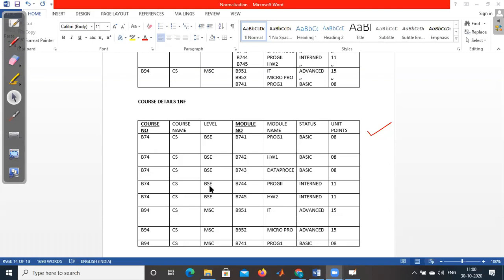See, in this course detail, what are the key attributes? The attributes which are underlined are called the key attributes. Here course number is underlined and module number is underlined. So course number as well as module number are key attributes.